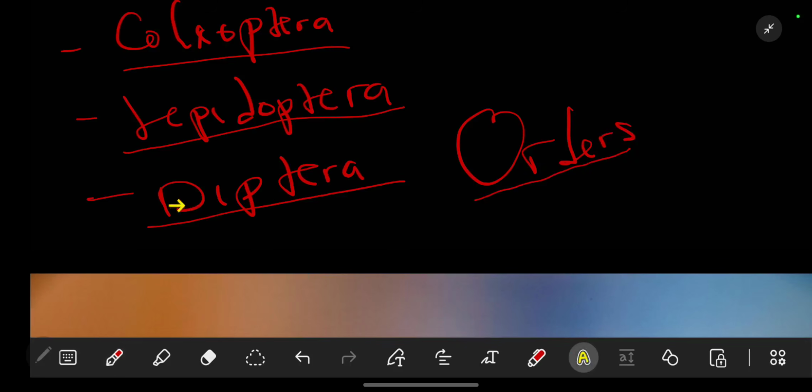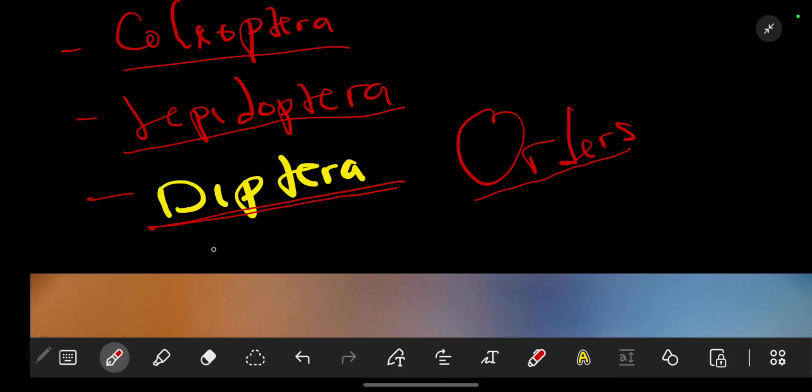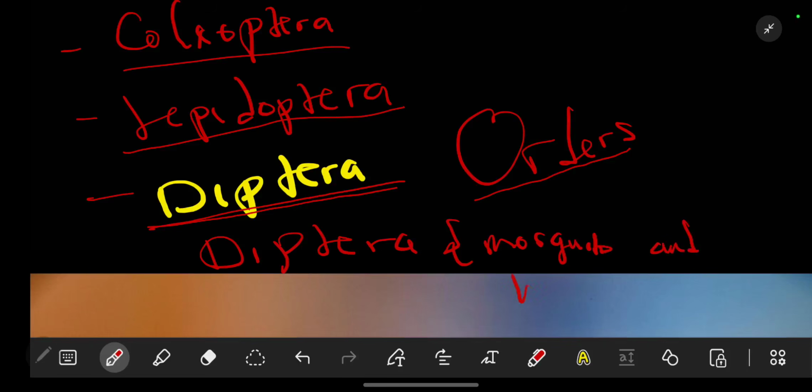So let's begin with the Diptera. Now what I want you to think about is when you look at the word Diptera, the word di means two. So Diptera, just think of two insects that annoy you. What comes to mind is the mosquito and the housefly. So these are annoying. Di means two, so this can help you.